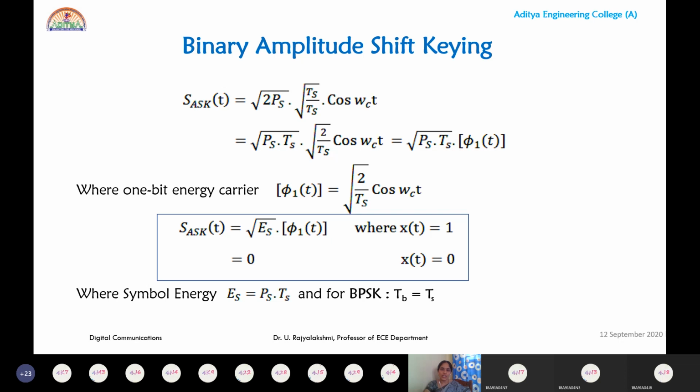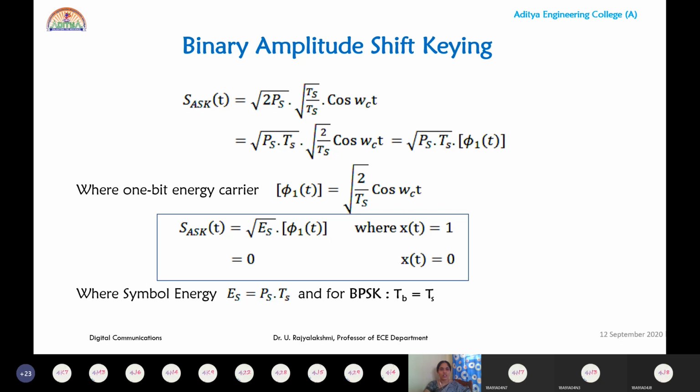Okay, so now here you can replace phi1 of t as root 2 by Ts into cos omega ct, where phi1 of t is the 1-bit energy carrier.